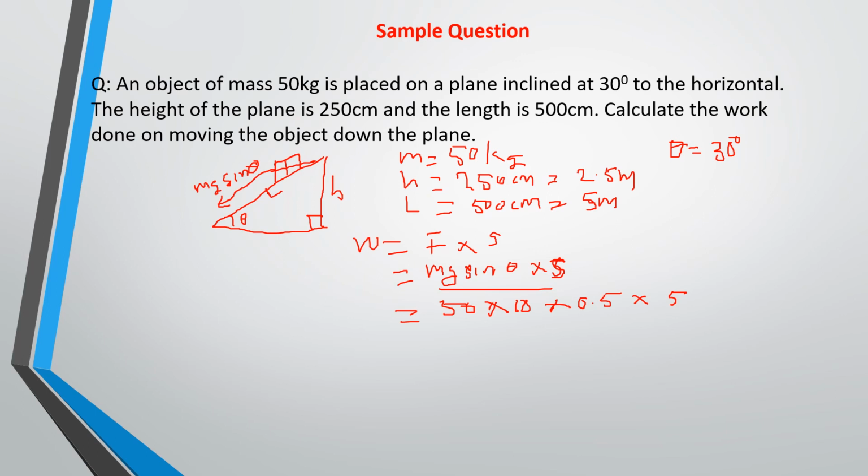So if you work all this out, you are going to have 1250 joules. So this will be the work done in moving the body down the plane. When you understand what to apply, it becomes that easy for you to solve. Right? So that is it.